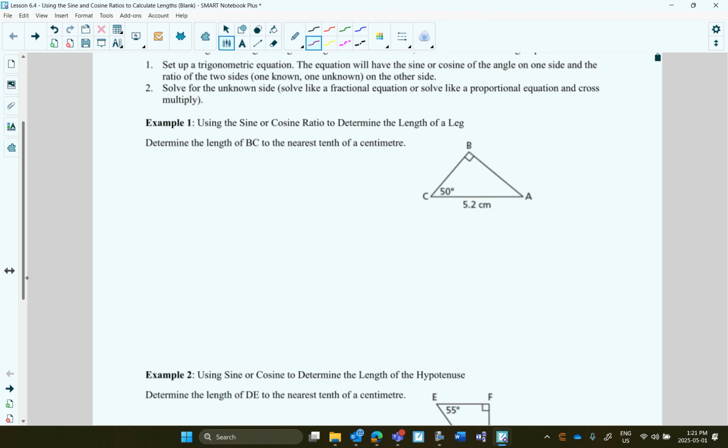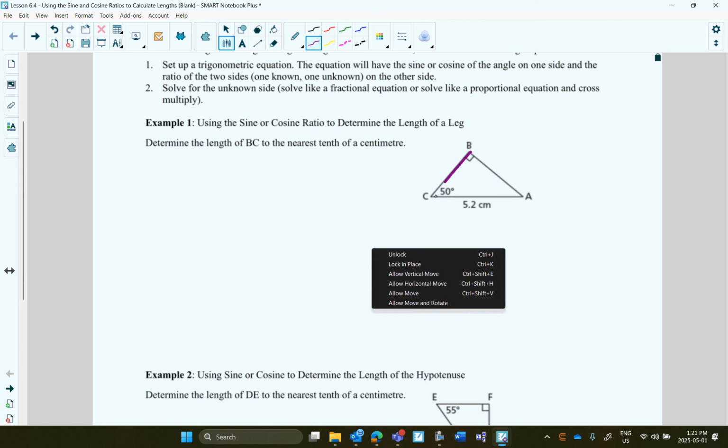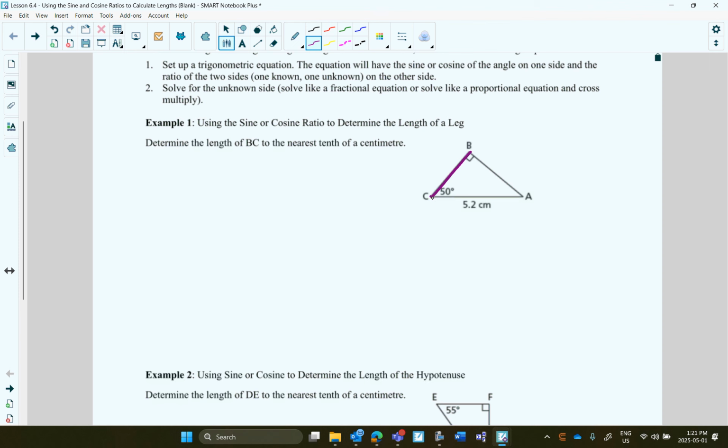So in this first one, this is the acute angle I'm given, 50 degrees. So I don't have to find the angle. What's the name of this side? So we've got hypotenuse, and we're trying to find this side, whose name would be what? We know this is hypotenuse.